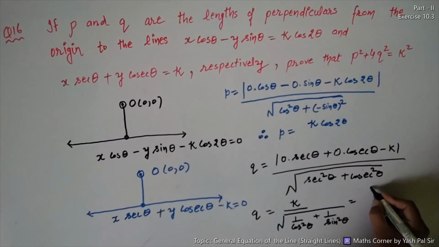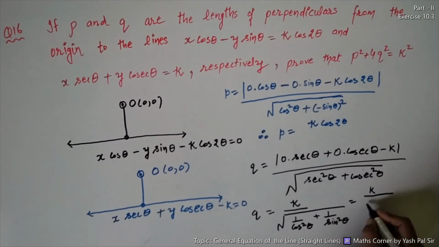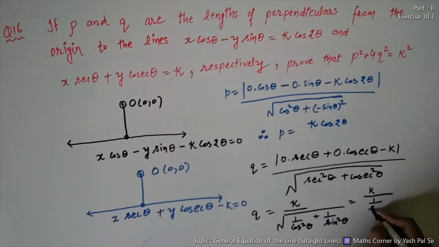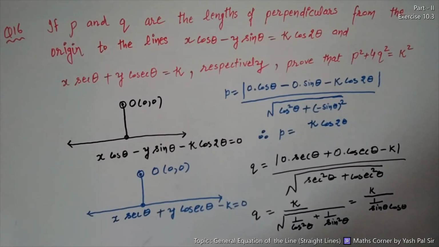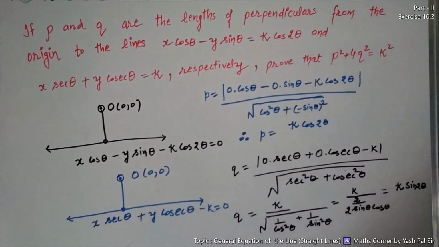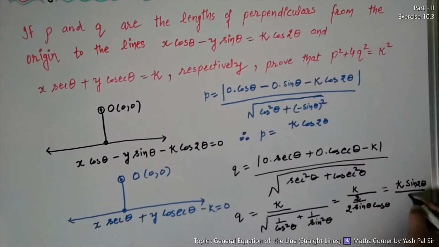This is equal to k upon sin square theta plus cos square theta, that is 1, upon sin theta into cos theta, right? Multiplying and dividing by 2, this becomes 2 sin theta into cos theta, meaning sin 2 theta. So q is equal to k into sin of 2 theta divided by 2.